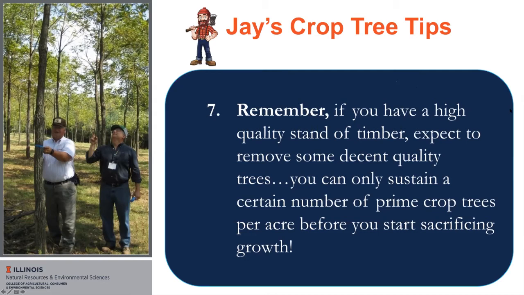Tree tip number 7, remember, if you have a high quality stand of timber, fully expect that you are going to have to kill or remove some decent quality trees. All right. So on a given acre of land, you only have 43,560 square feet of growing space.